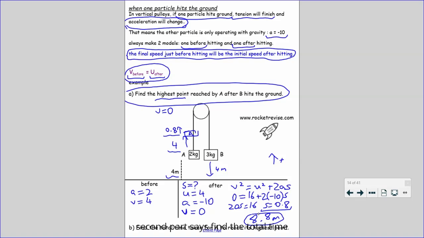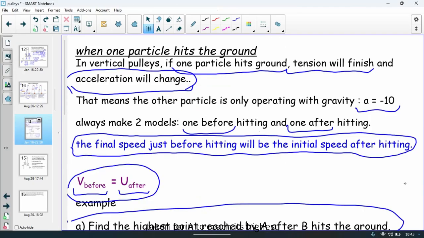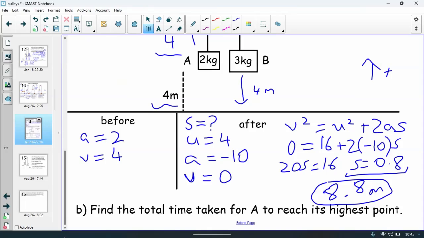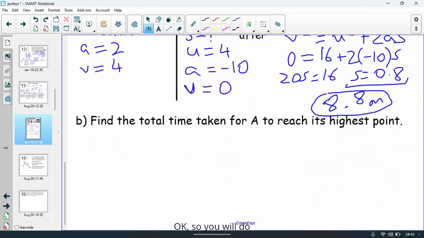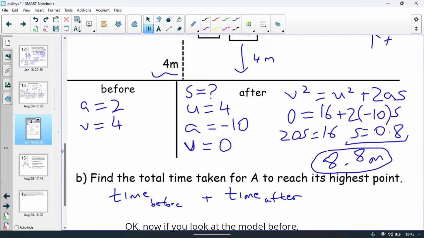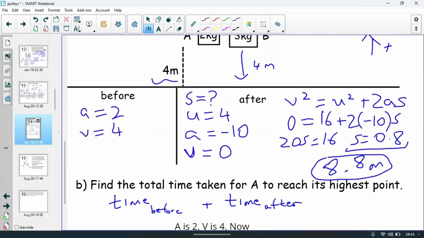The second part says find the total time taken for A to reach its highest point. Again, we have two models, before and after. Time before. If you look at the model before, A is 2, V is 4.